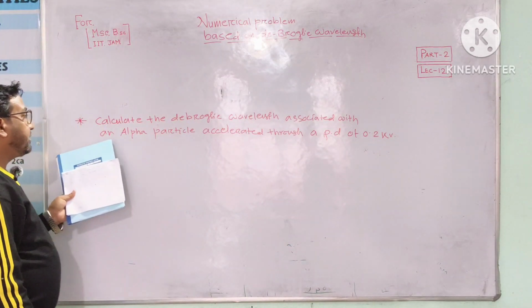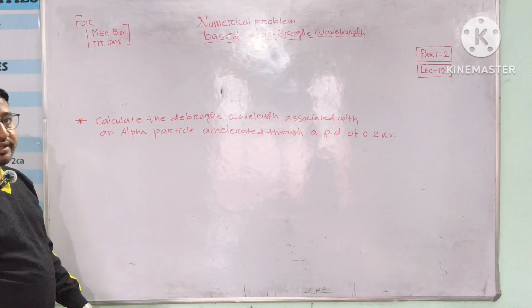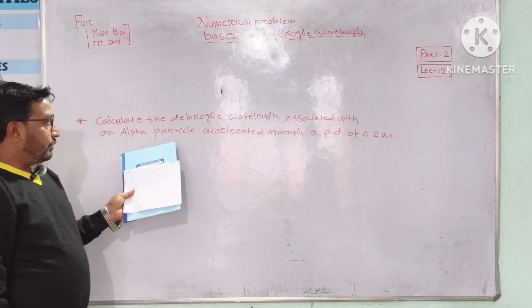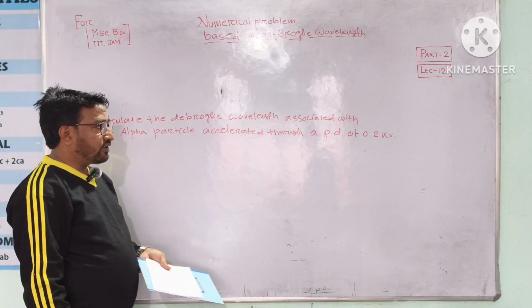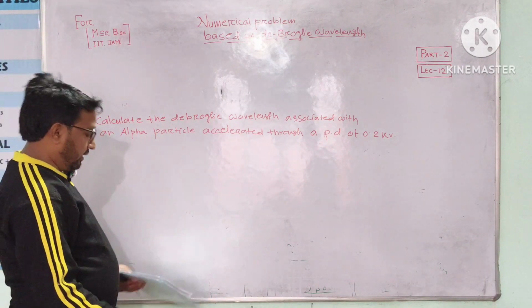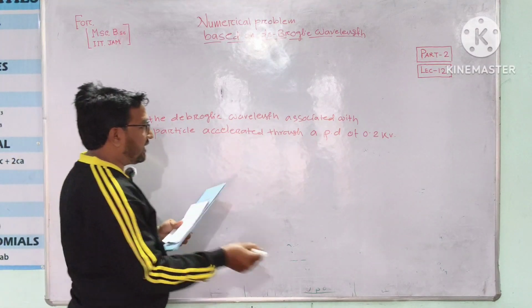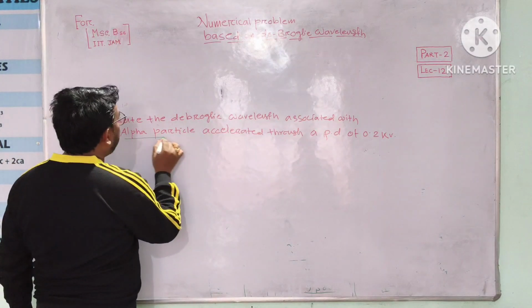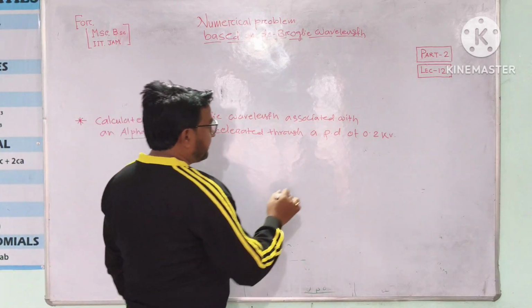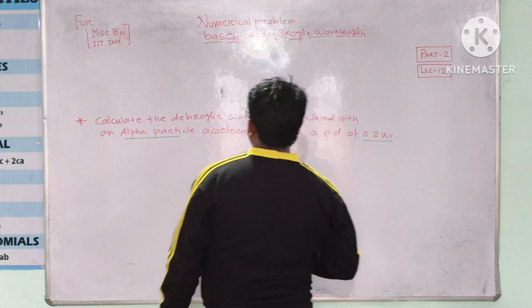The statement of this question: calculate the de Broglie wavelength associated with an alpha particle which is accelerated through a potential difference of 0.2 keV. Okay, this is clear that the particle is an alpha particle, and the potential difference is 0.2 keV.